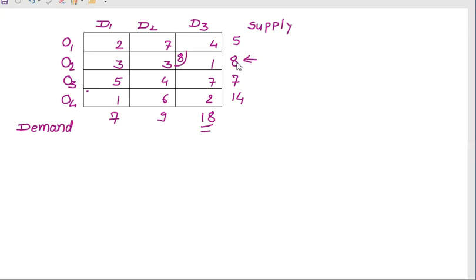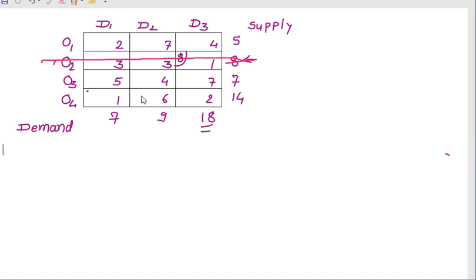Because only 8 units are available, all the 8 units are transported from the second factory to the warehouse D3. All the units of the second factory are transported, so no supply is left here. So we cross this row, meaning we will not consider this factory for further allocations.